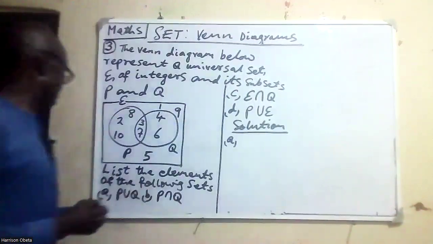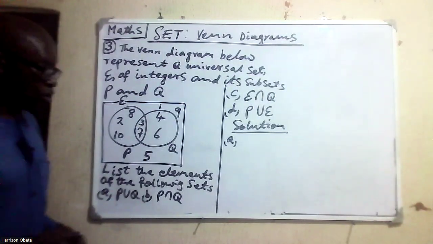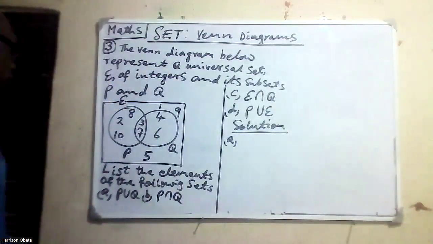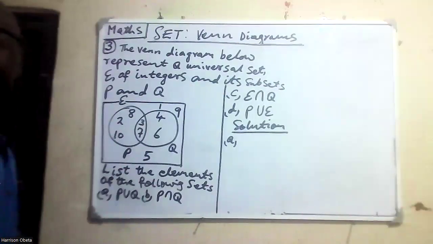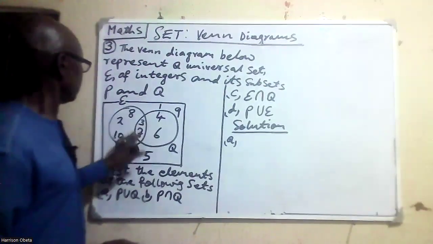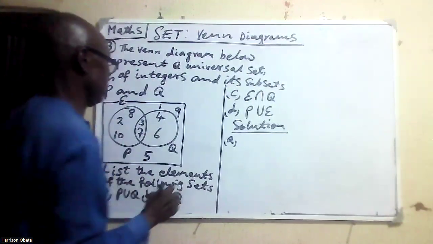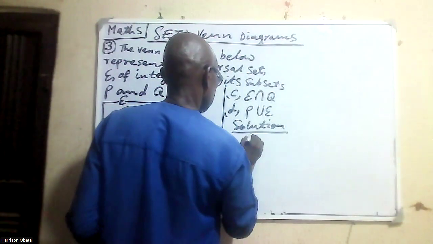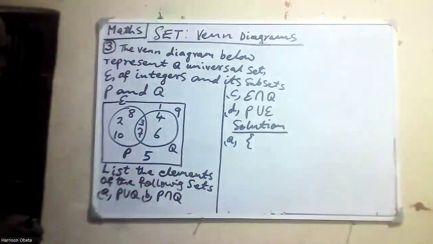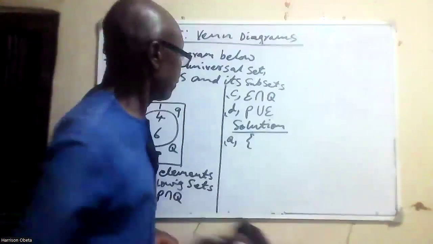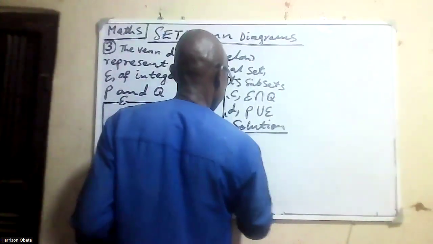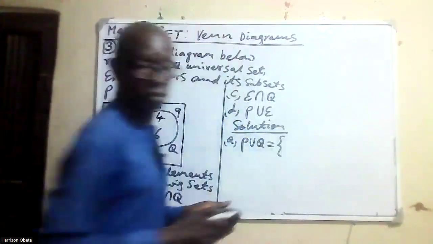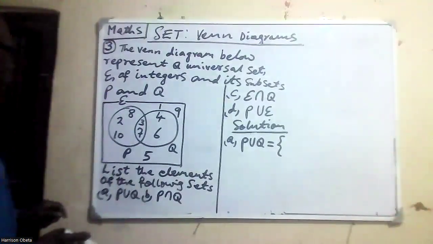A. The first one is P union Q. P union Q means all the elements in P or Q, without repeating any of them. Now we start picking the values.